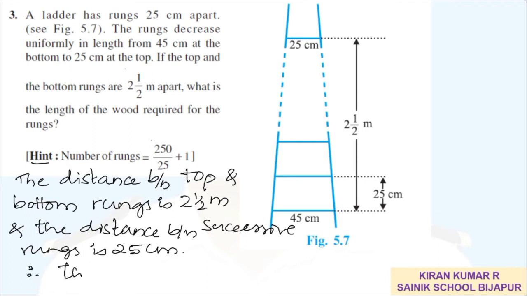Therefore, the number of rungs is 250 divided by 25 plus 1, which will be 11.